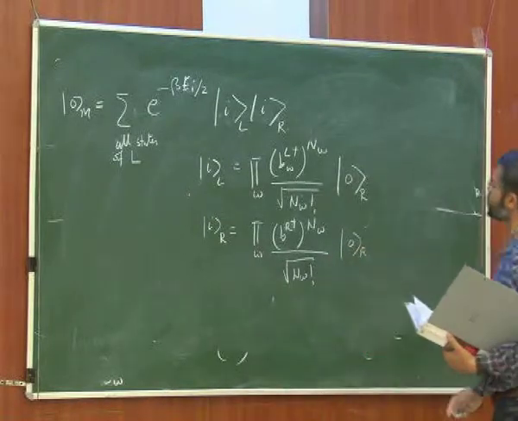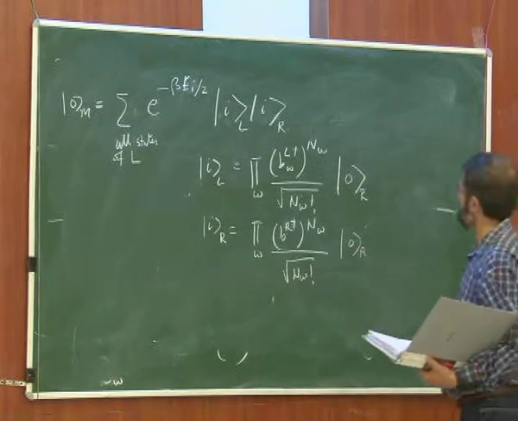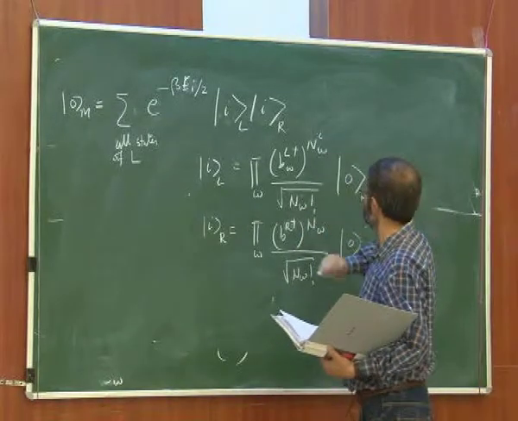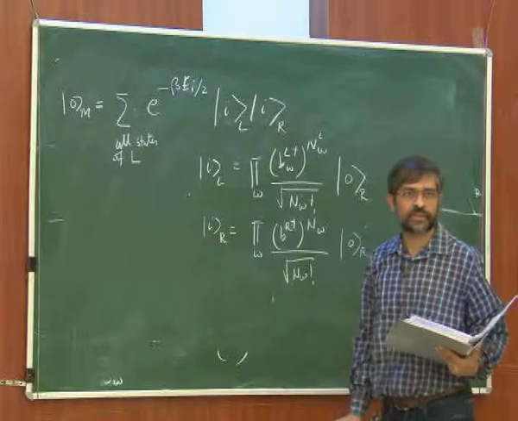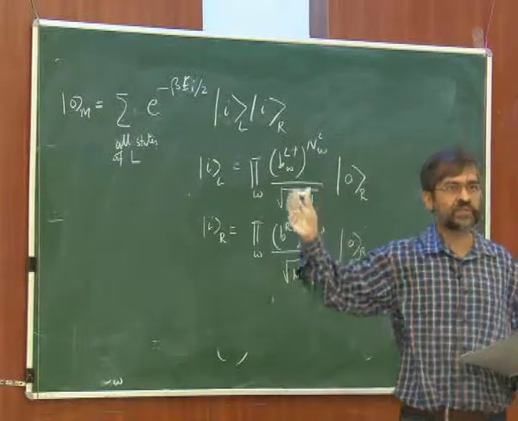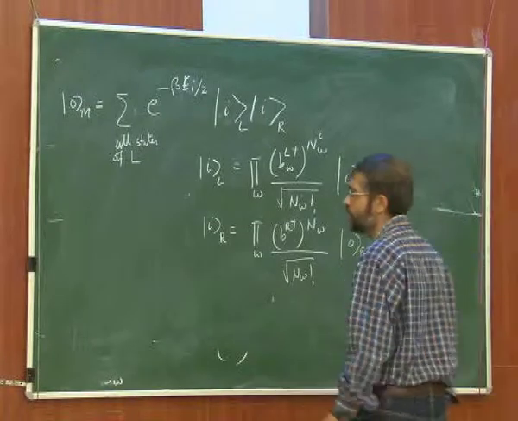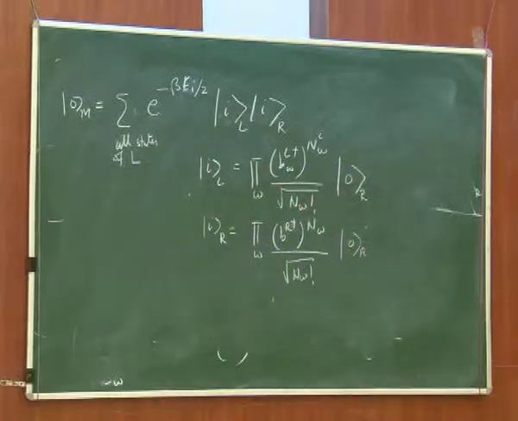So this is what you do. Normally, an arbitrary state will have N_L omega here and N_R omega here. The number of left oscillators that are excited and the number of right oscillators that are excited need not be equal. But here, what happens in this exponential when you bring down this?